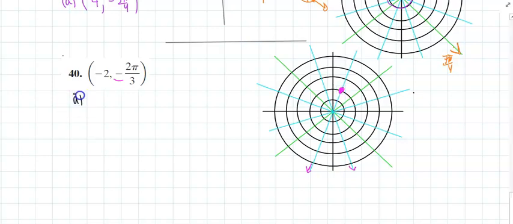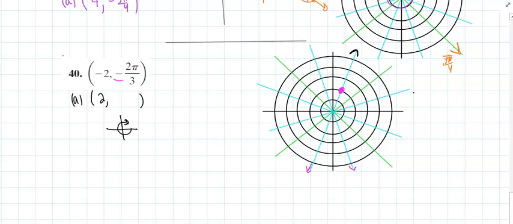Part A. They want r to be positive and the angle to be negative. If they want r to be positive, shouldn't I be pointing in the same direction as this angle? So, if I'm going to rotate, shouldn't that be a rotation all the way around?